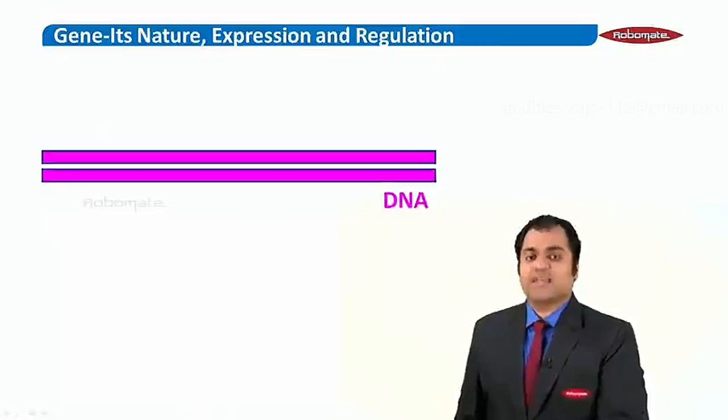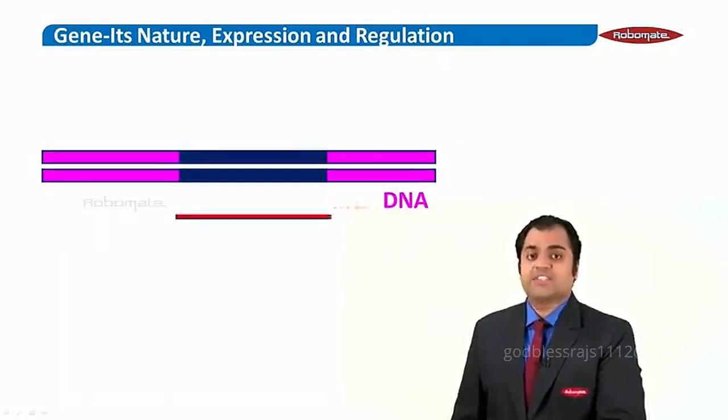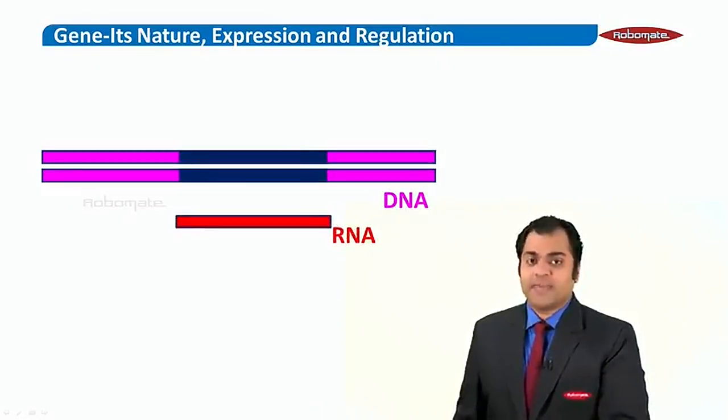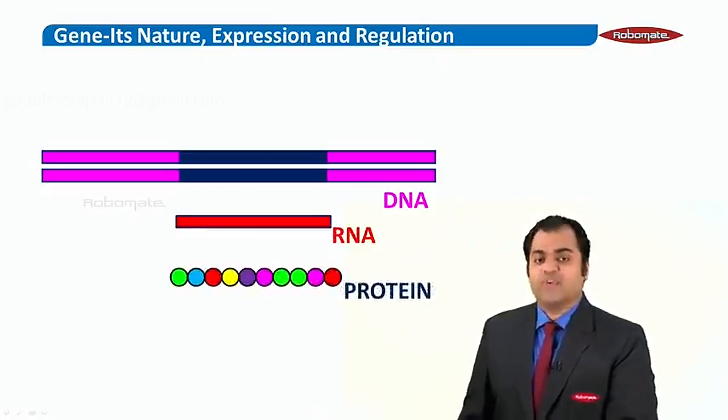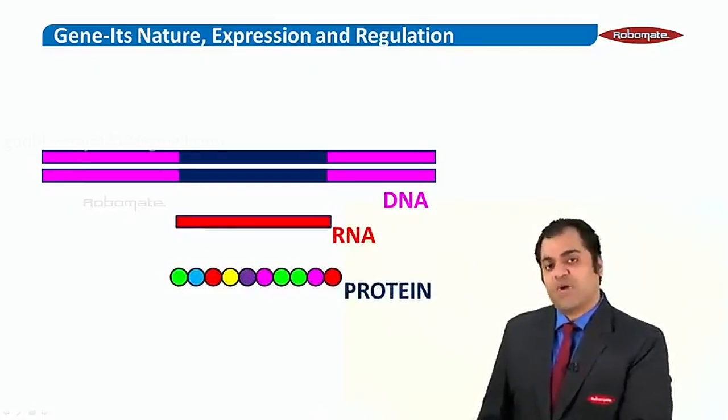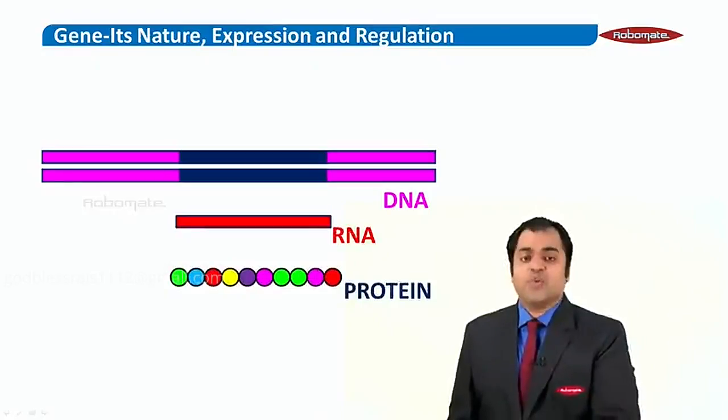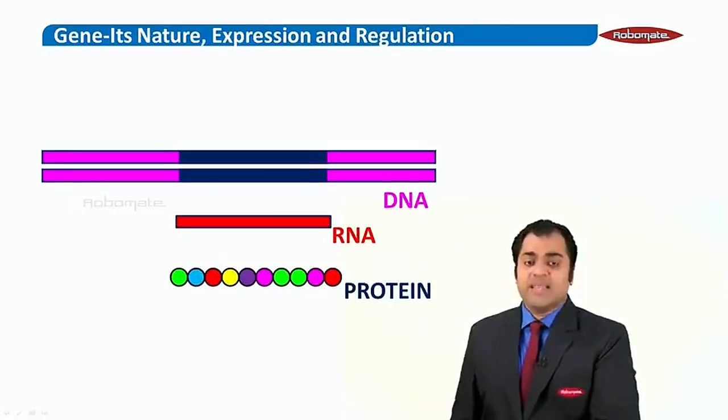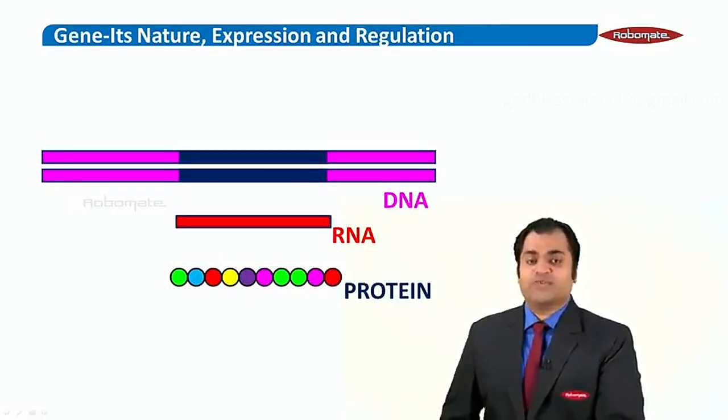First, let's look at this DNA. A small segment of this DNA, which was formerly called a gene, is known to form RNA. And this RNA will then give you protein. That is how protein is formed, correct? That is from RNA, which is made from the DNA. Now this segment of DNA, which was formerly called a gene, will get a new name.